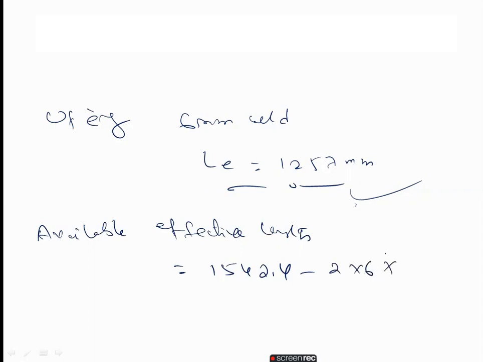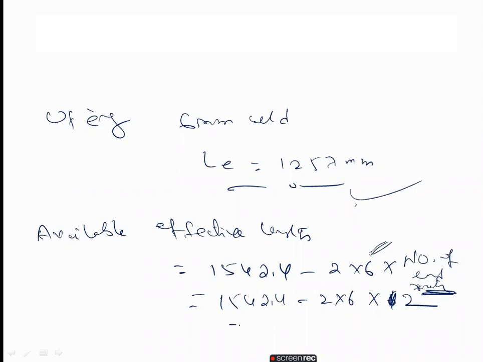We are providing 3 end returns on both sides. Next, number of end returns. So 1542.4 minus 2 into 6 into 6, sorry, 6 end returns, total 6 and 6, total 12 end returns are there. You will get 1398.4.